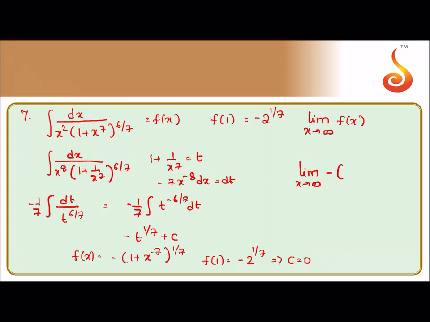So why they gave? This implies c equal to 0. Now the limit x tending to infinity minus 1 plus 1 by x to the power 7 to the power 1 by 7. As x tending to infinity, 1 by x tending to 0, the answer will be minus 1.